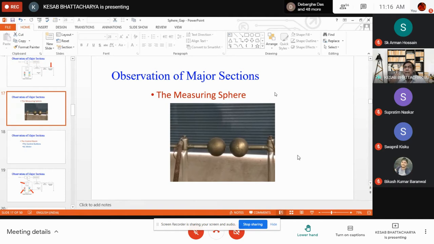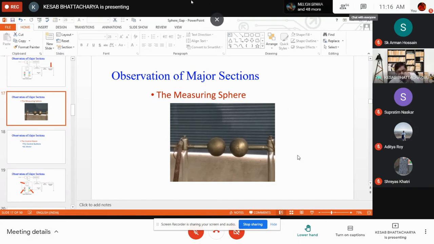Now, if we apply AC across this gap, obviously the maximum stress or field will occur when the AC voltage waveform reaches its peak value. That is, the maximum stress will occur when the voltage passes through its peak value, and that is the reason why the probability of breakdown is highest at the peak. Is that point clear to you all? Why the sphere gap method is a peak voltage measuring device? Yes, sir. Yes. Okay.